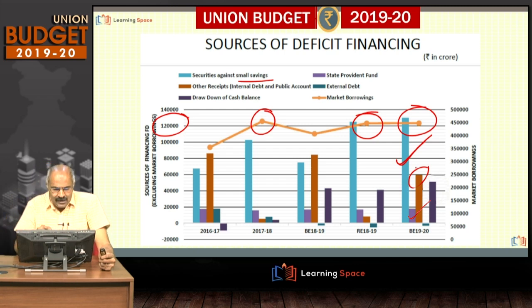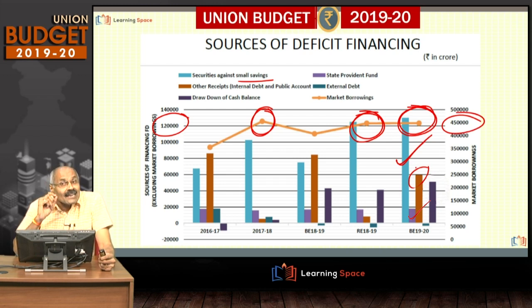You see the market borrowings for 2017-18, these are the market borrowings for 2018-19, these are the market borrowings for 2019-20, and they are around 4.5 lakh crores of rupees. And government is relying more on accessing small savings funds, as well as public account deposits, as well as provident funds.